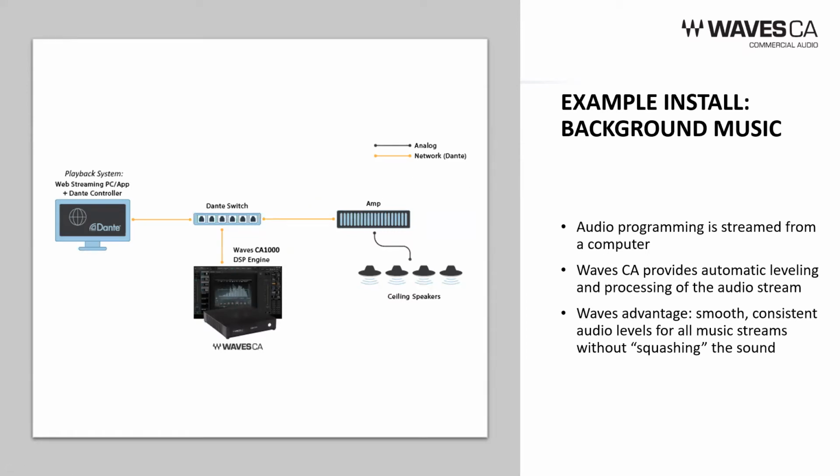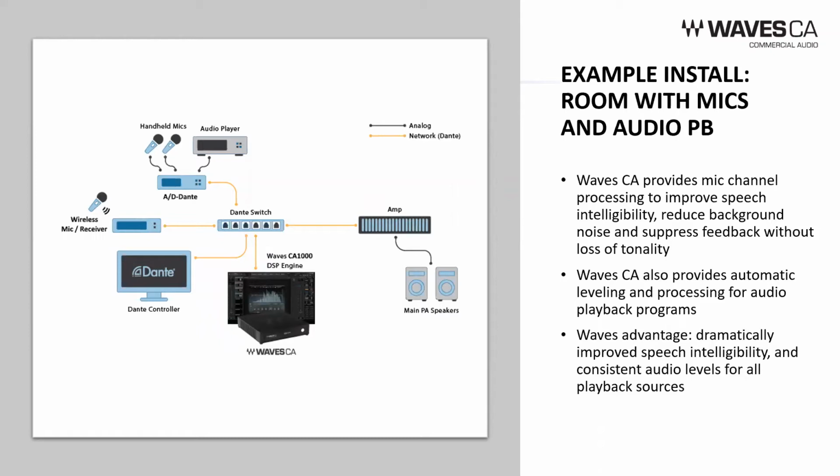As I mentioned, this is a relatively simple diagram, but it helps you understand as we go to a little more complex setup how Wave CA will operate in the network. So we started earlier with the single system doing playback music, and now we've added some additional components to that network, such as handheld mics or wireless mics, the audio player.